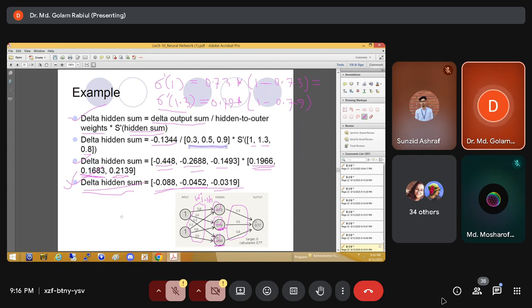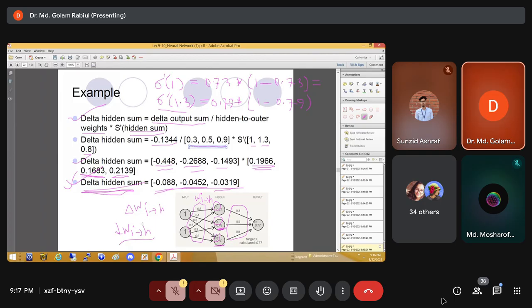So we need to find delta W IH, or we can say dW IH. We want to find this, but we already got delta hidden sum, which is the rate of change of the sum here.